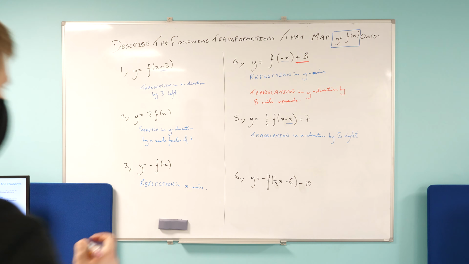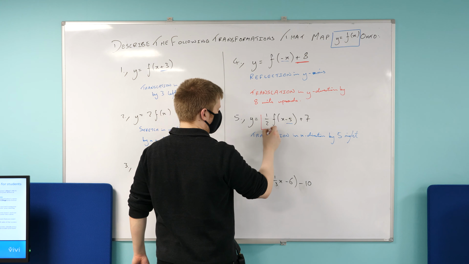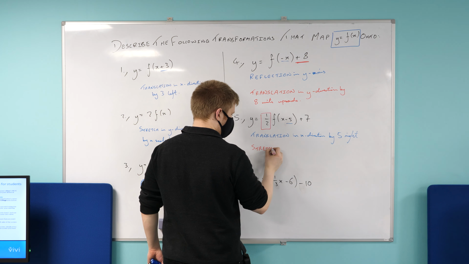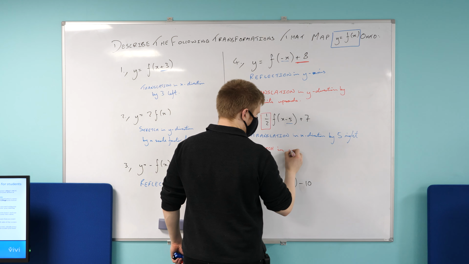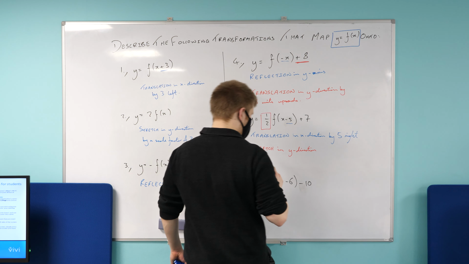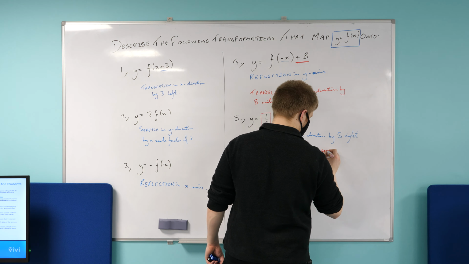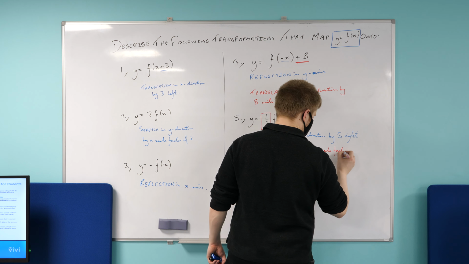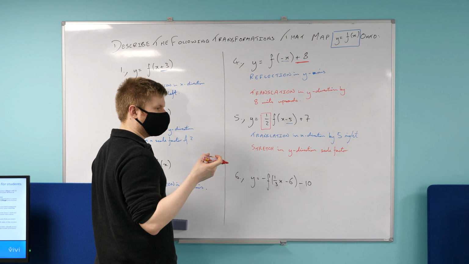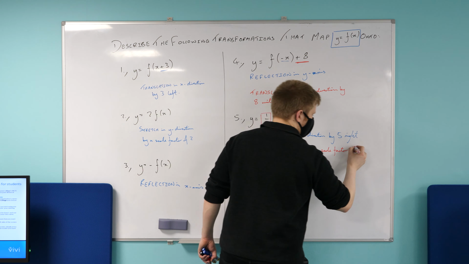Good, so we'll put stretch in the y direction, that's what the half is doing, with a scale factor. What's the scale factor? How much it's being stretched by? Half, perfect.